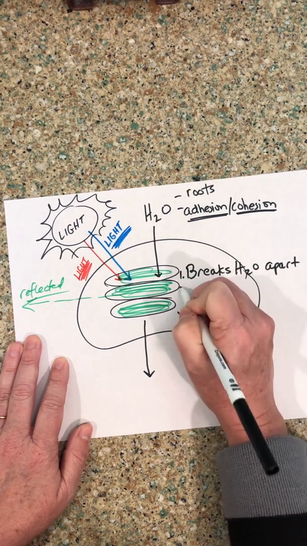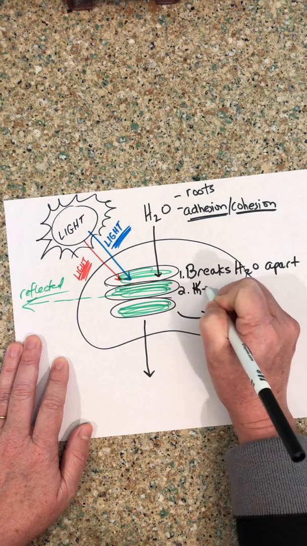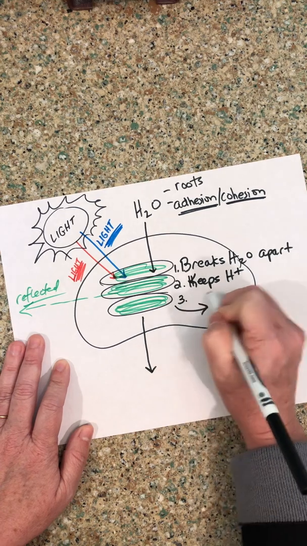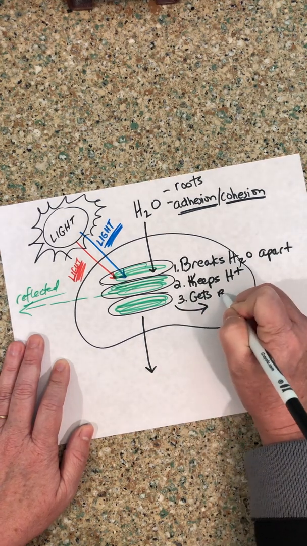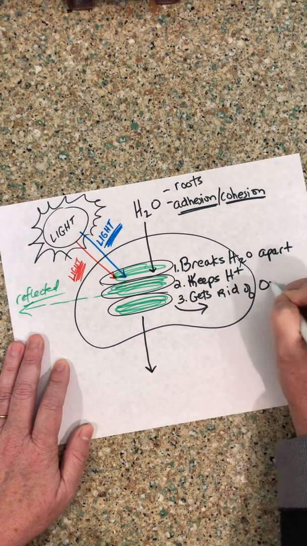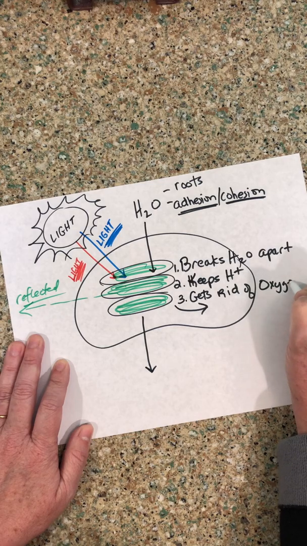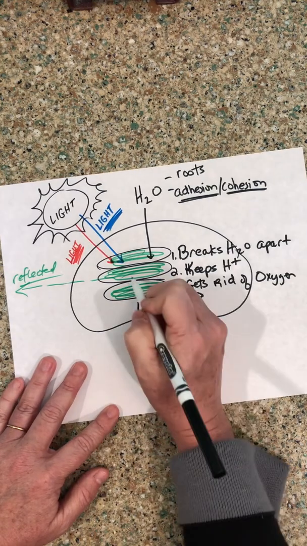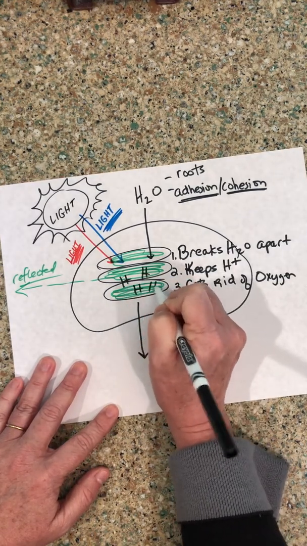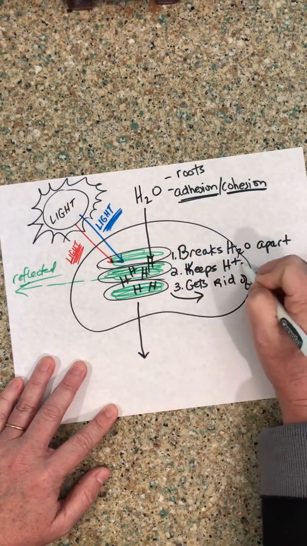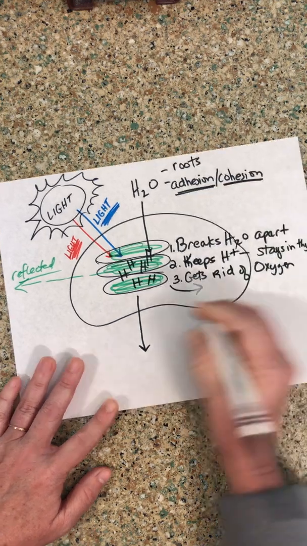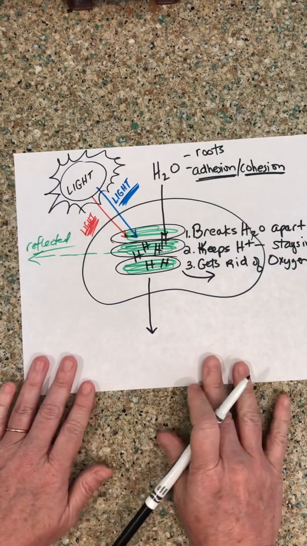That's the first thing it does. It keeps the hydrogen, and we'll call it H+, and it gets rid of the O2, or the oxygen. Doesn't need it, okay? So when it breaks it apart, all this hydrogen stays in the thylakoid. And guess who gets kicked out? Oxygen.